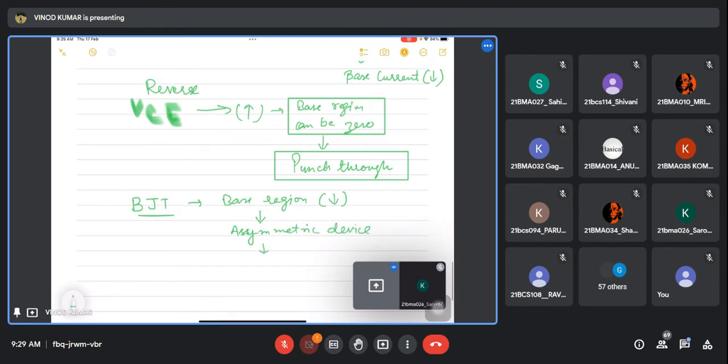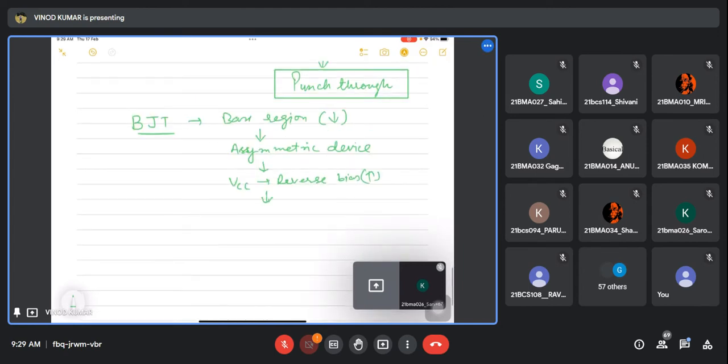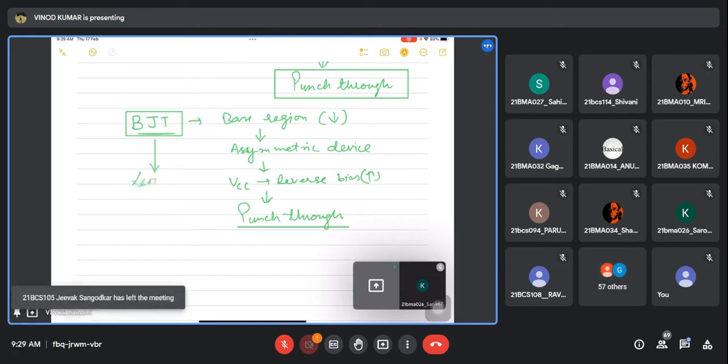If you increase VCC, the reverse bias is increased, then there is a possibility of punch through, no base region actually. Okay. So that is the problem, that nowadays BJT is less popular.